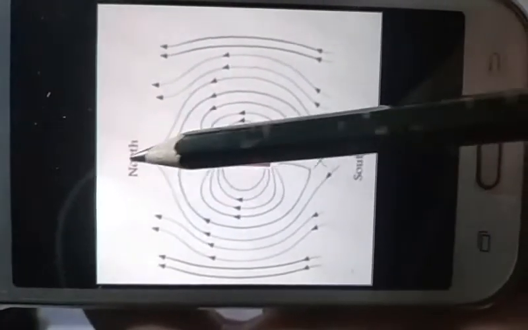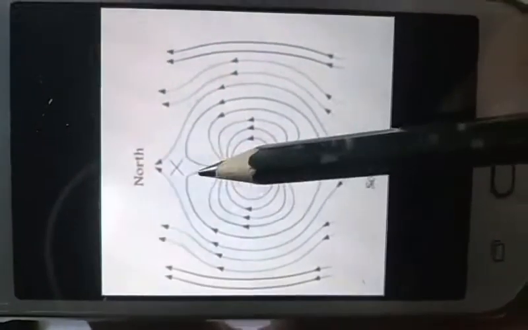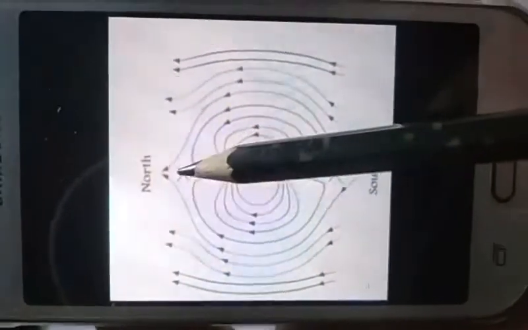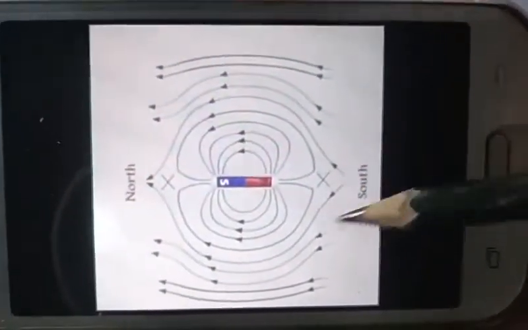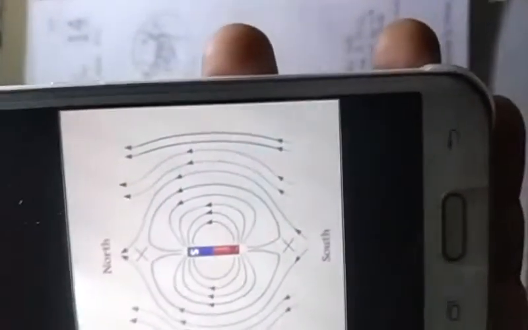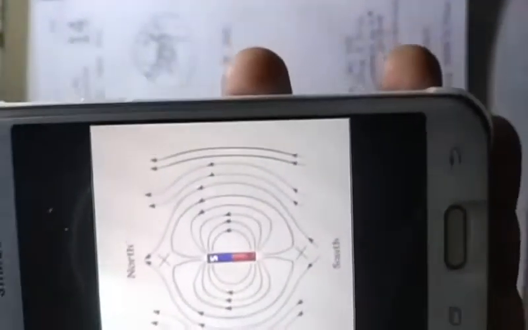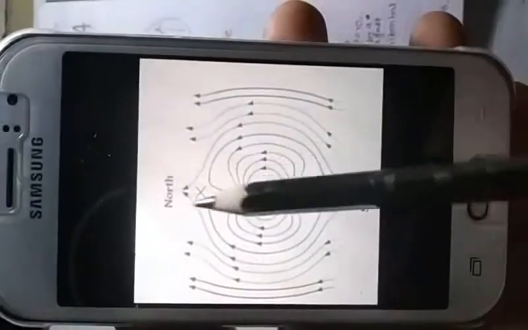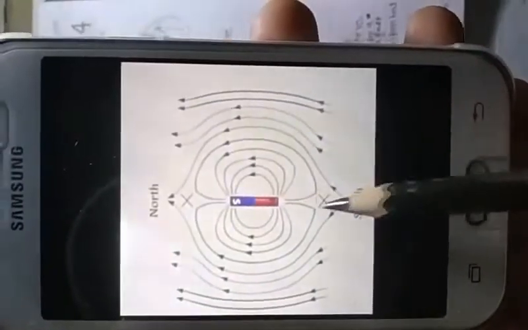Can you imagine? Here it is below, so just opposite and equal. So in both areas, the magnetic field of the bar magnet and the Earth's magnet are equal and opposite. That's why the magnetic field experienced at this position is 0.